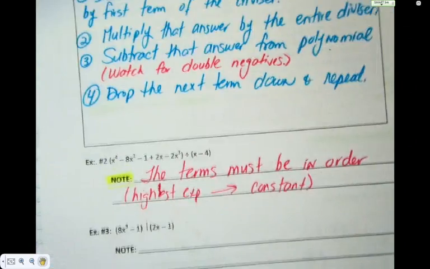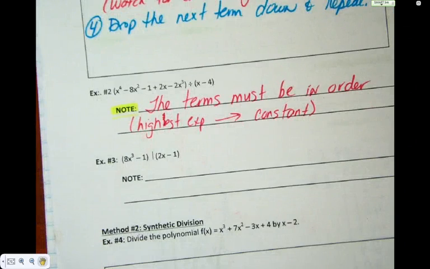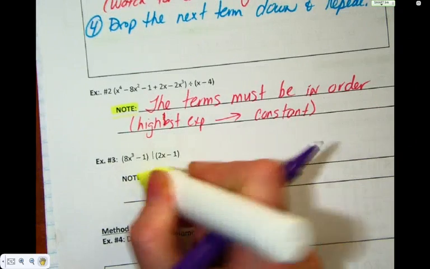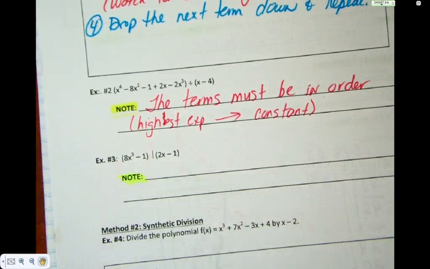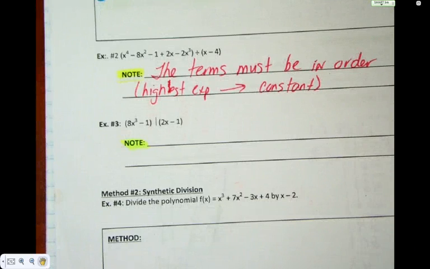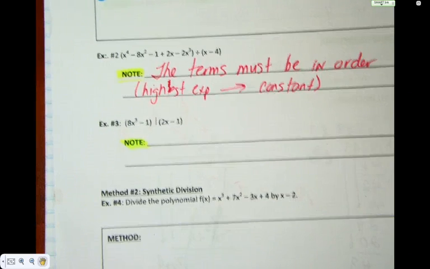Number 3, which also has a note. What do you think my note's going to be about here?